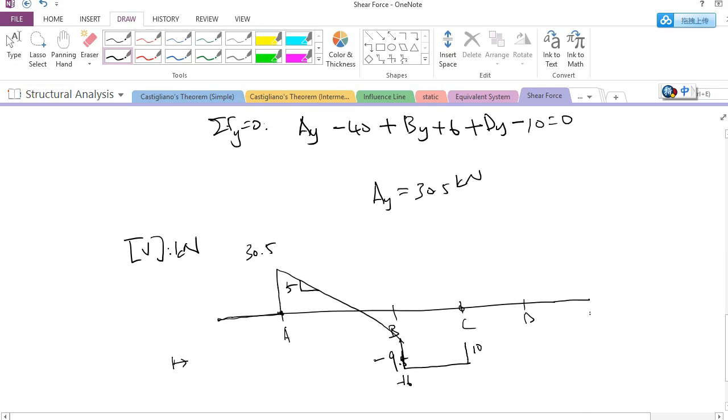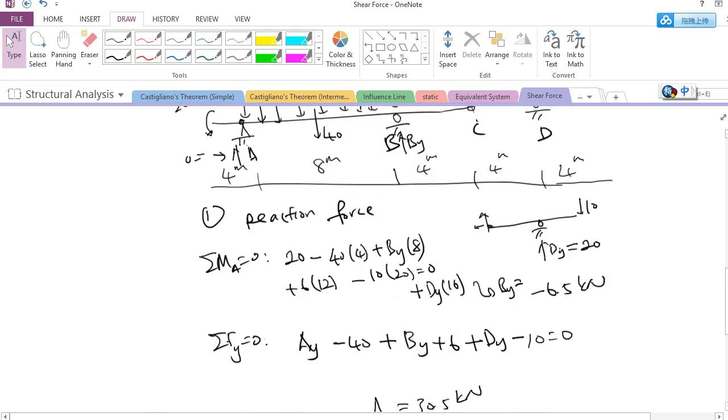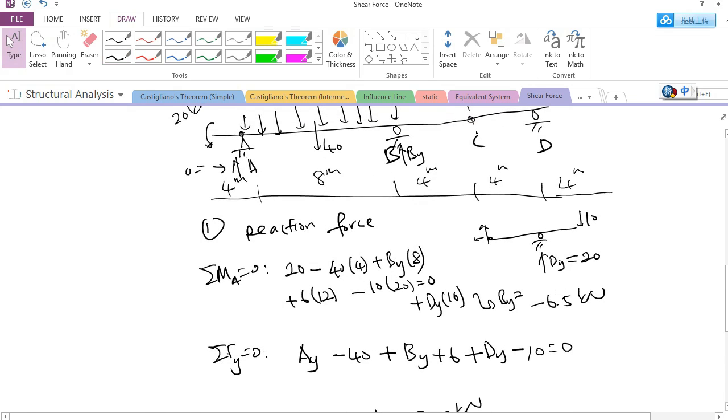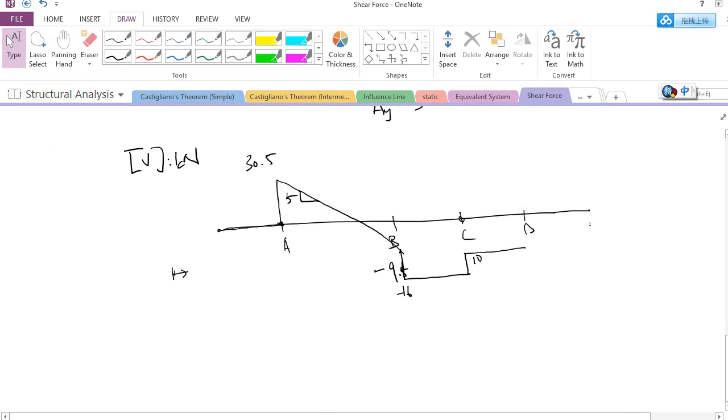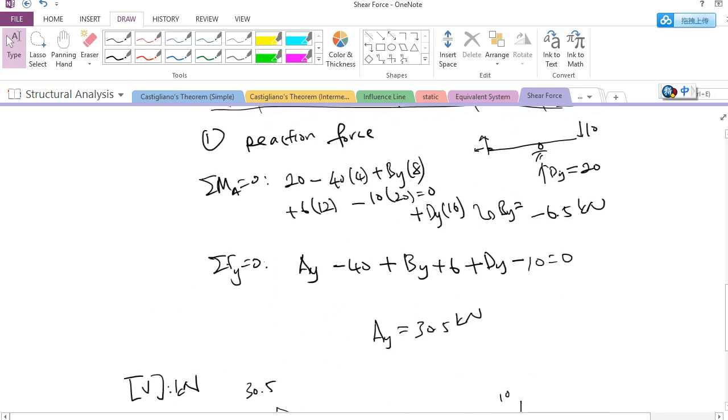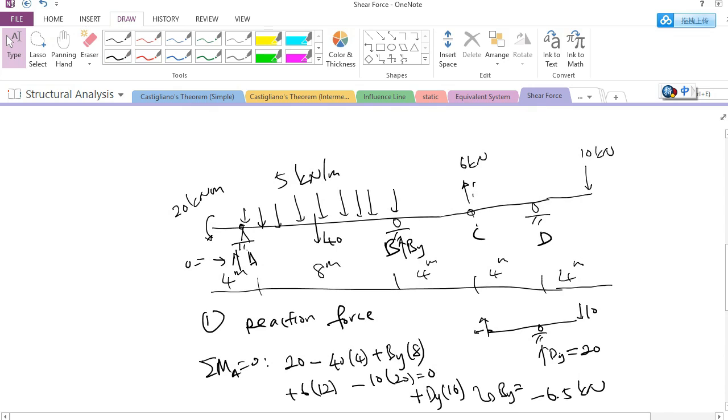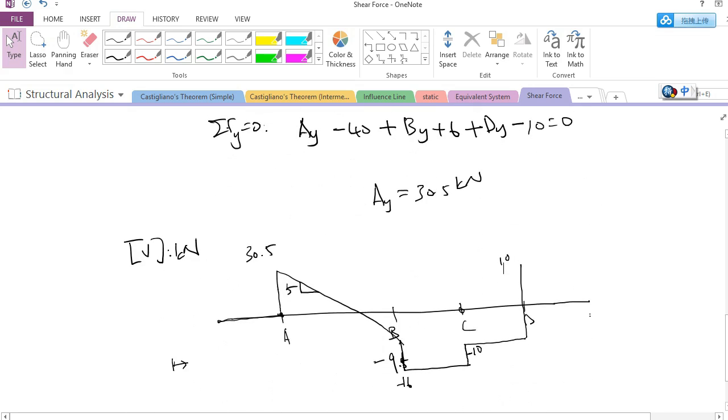So this is negative 10. From point C to point D, nothing happens. At point D, the loading is upward 10, so after that this is 10, and it remains constant until somewhere around here, until this point, where it is pushed downward by 10.